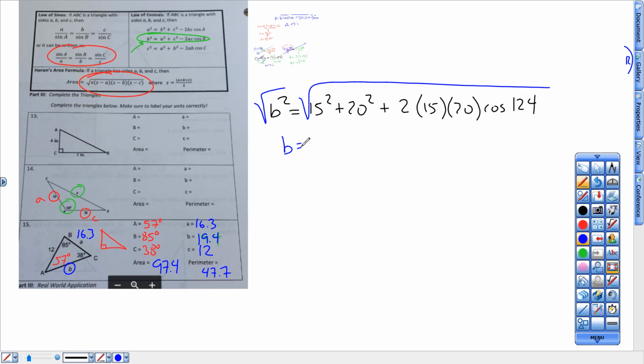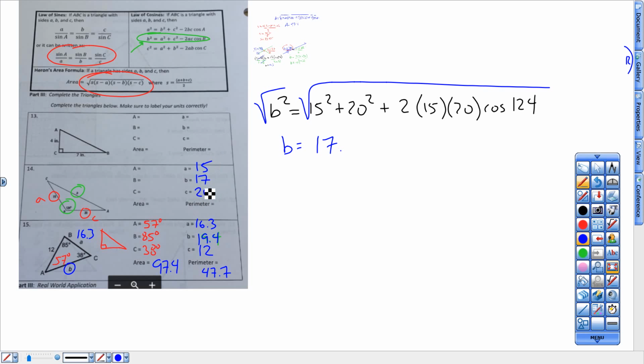I get 17.01, or just plain old 17, I call it. So B is, I think, 17. A is 15. B is 17, and C is 20.